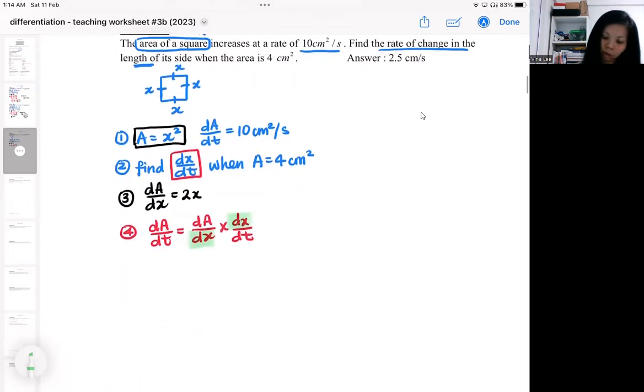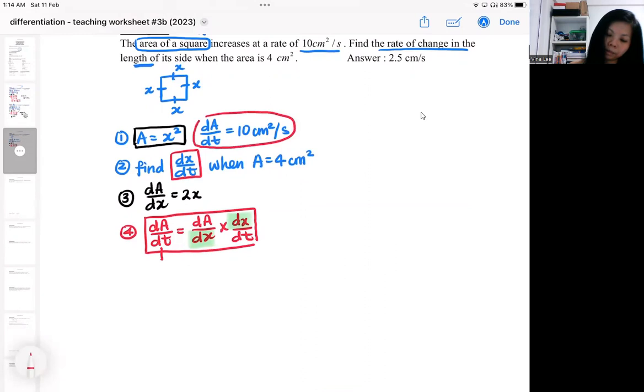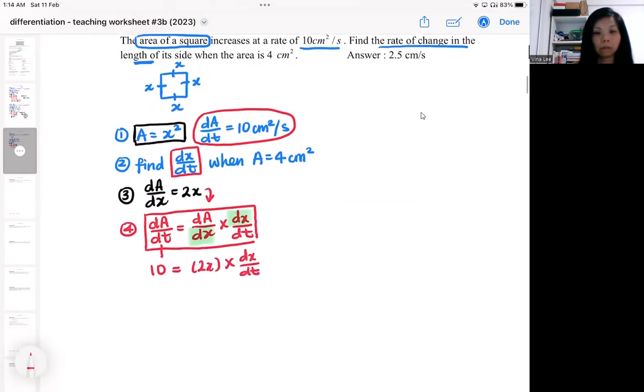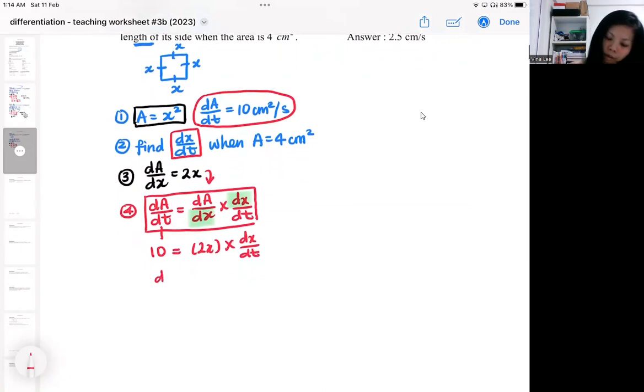So this one can be a generic formula. So this is the 10 centimeters squared. This is the differentiated answer. So from here you can get a formula. So that will be the formula for dx/dt.